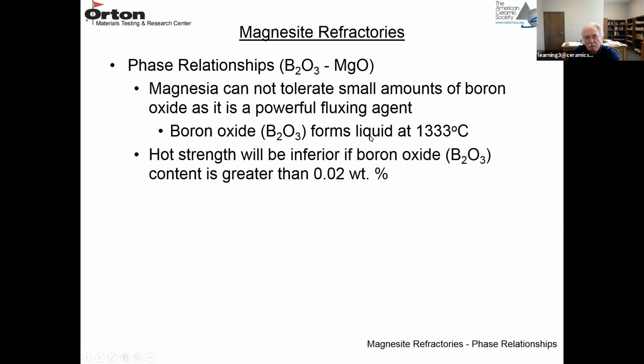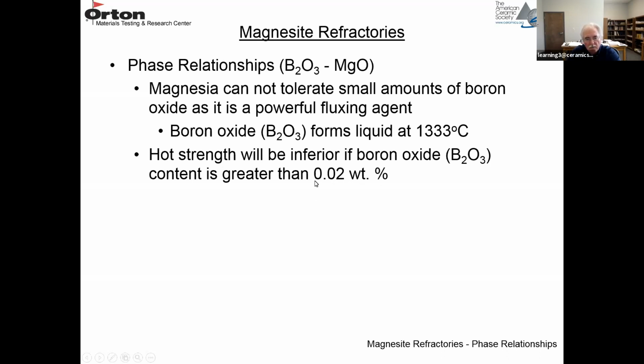Boron oxide forms a liquid with MgO at 1333 degrees C, quite a low temperature. So if you have boron oxide, B2O3, present in really trace amounts, 0.02%, anything greater than that, you're going to start affecting its hot properties like hot strength.